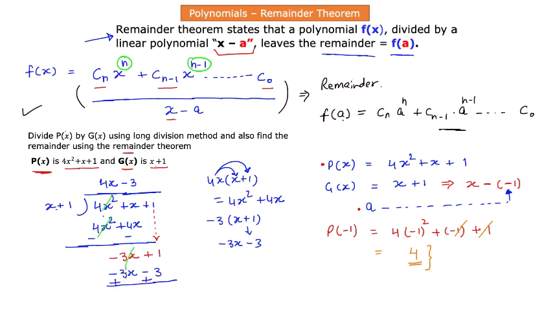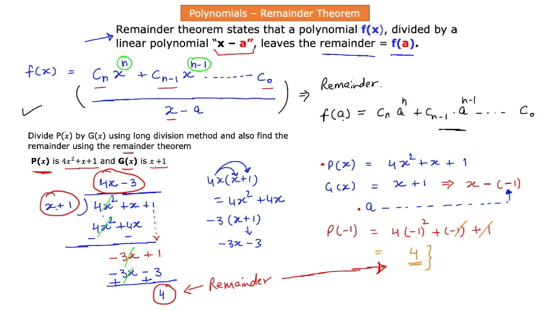These two values will cancel each other, and then 3 in positive, 1 in positive, together they will make it 4, right? So in this case, what is your quotient? The quotient is 4x minus 3. What is your divisor? The divisor is x plus 1, right? And what is your remainder? The remainder is 4, right? This is my remainder. And that is exactly the same remainder you found when you applied the remainder theorem, right?